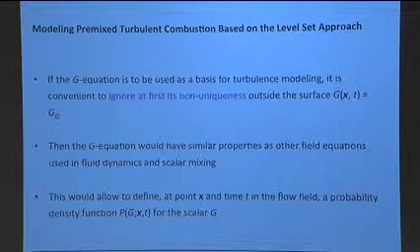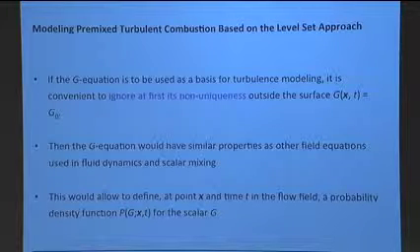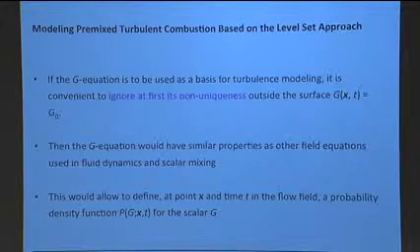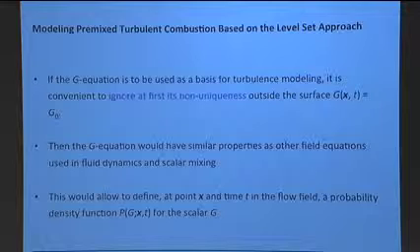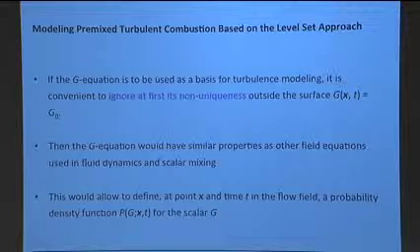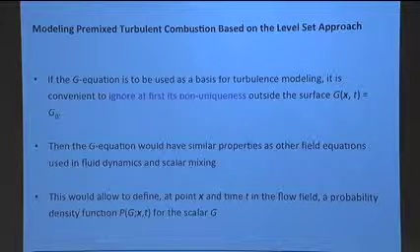Let's see. Okay, so we have that equation now, but that equation is derived to describe the instantaneous flame front. And now we want to derive equations for Reynolds averaged equations. Now, one issue when we want to do that: when we wanted to derive the Reynolds averaged equation for the temperature, let's say, we just took the temperature equation. We introduced the Reynolds decomposition, T is equal to T mean plus T prime.